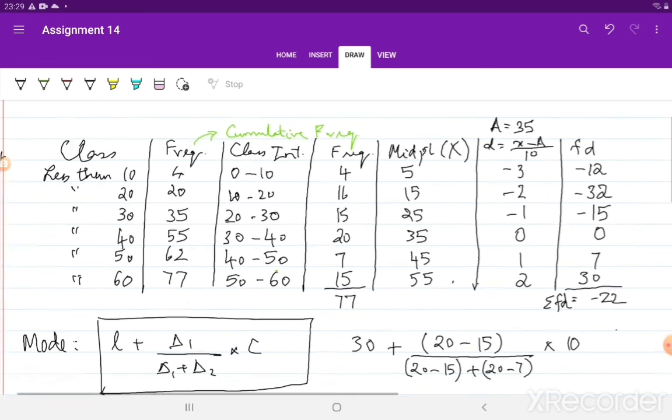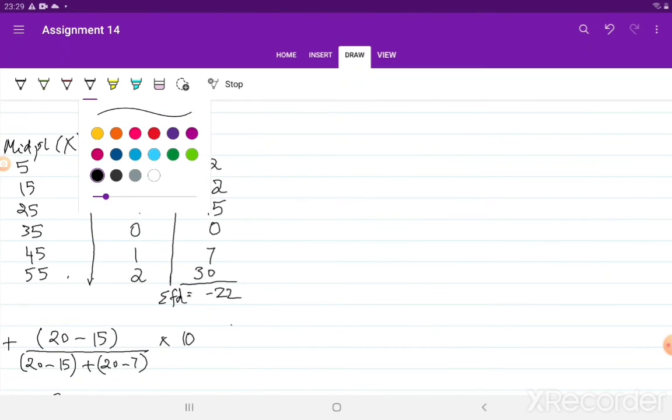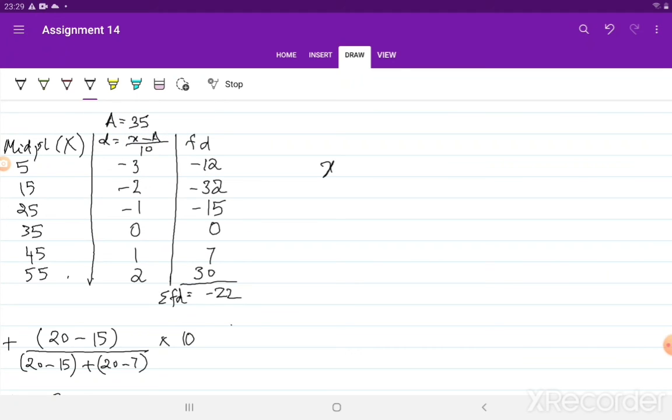So now the formula for arithmetic mean, I'm going to call it x bar, is the assumed mean a plus summation f times d divided by n, into the size of the class interval.